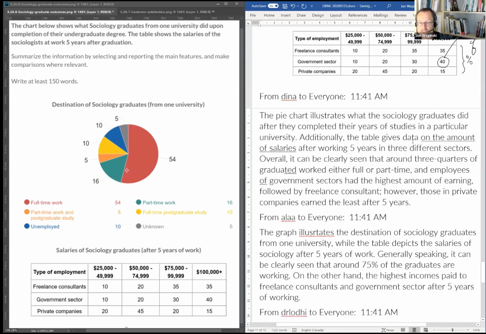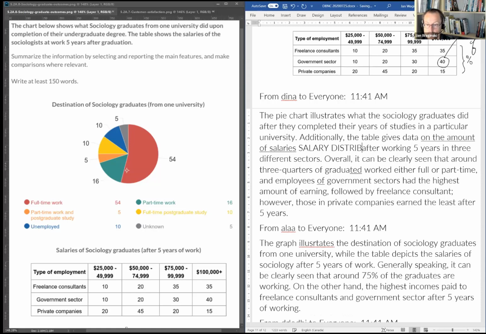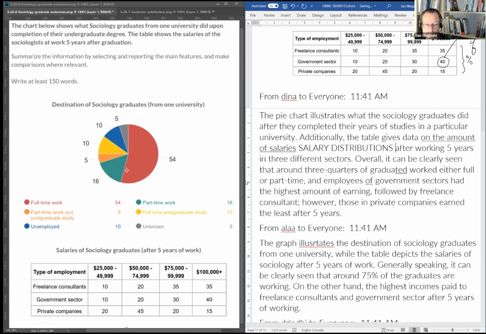Additionally, the table gives data on salary distributions. Sorry, on salary distributions, I would put it, because on the amount of salaries is not very precise. It would have to be something like the percentage of graduates in each salary category after working 5 years. So if you want to be super precise, we can do that. The table gives data after working 5 years in 3 different sectors.